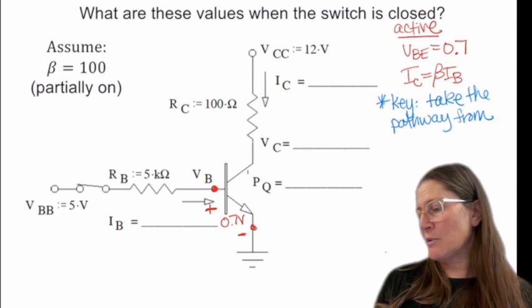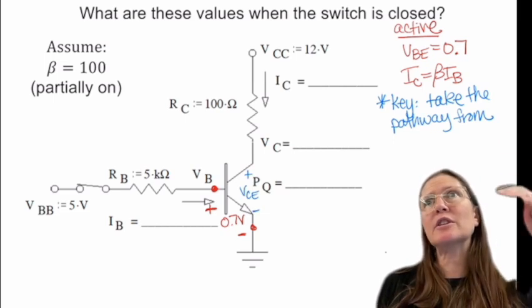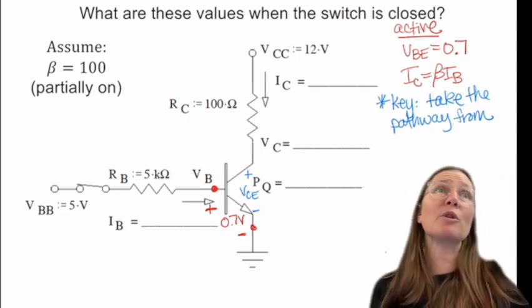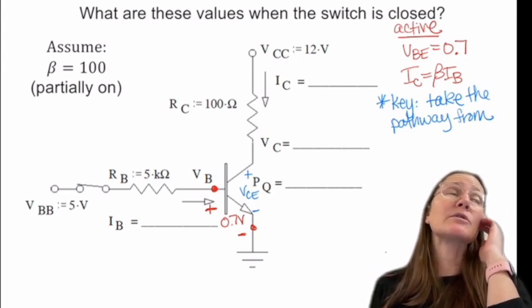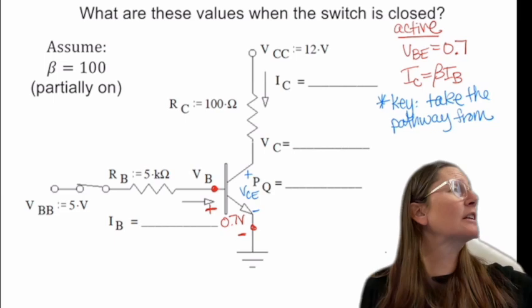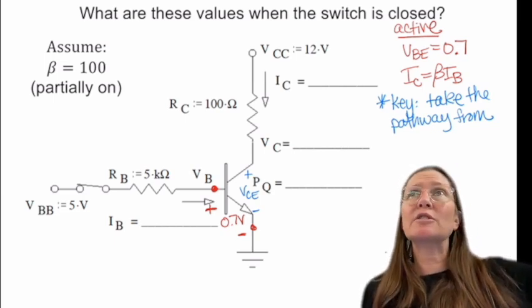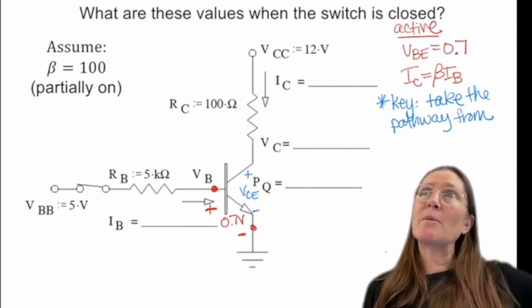It's not labeled here from the voltage to the emitter, but this would be an unknown between the collector and the emitter side. So you can't just skip over the transistor. You have to know the voltage on both sides of it to analyze it with the electrical circuit technique. Without knowing the voltage between the collector and emitter, that becomes an unknown, so you want to avoid that pathway.